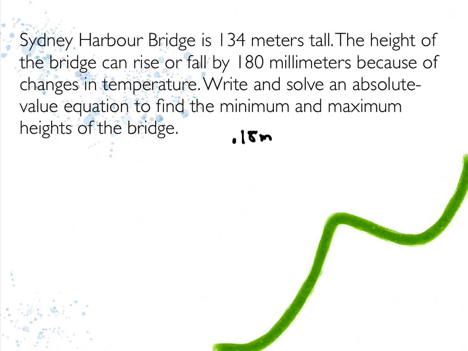So when I think about it, my height of the bridge is going to be 134 meters tall. And it's going to be able to increase by 0.18. Or I can have it 134 meters and I can decrease it by 0.18. So it can change by the temperature those amounts.